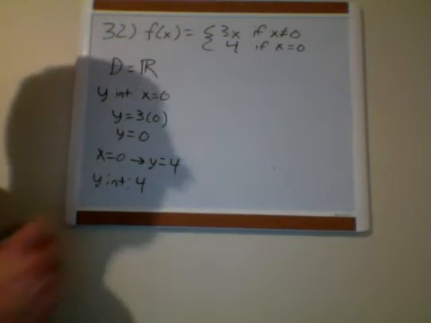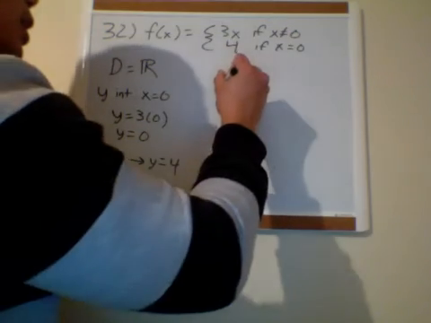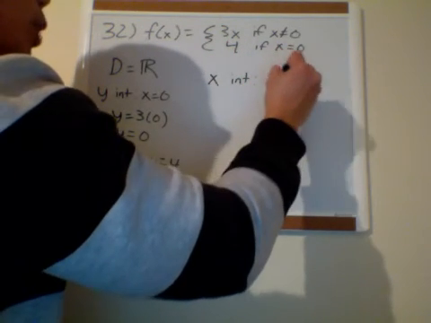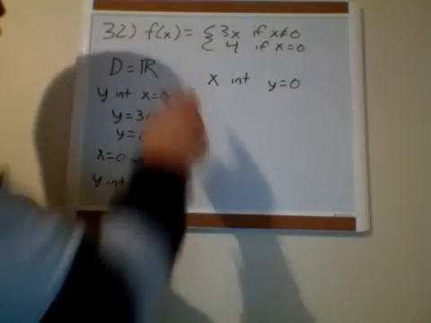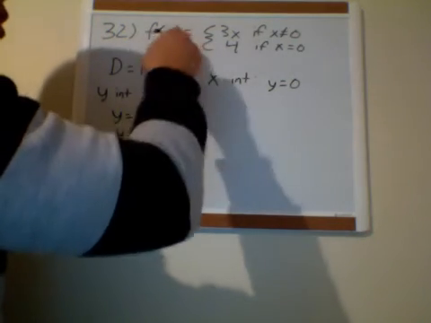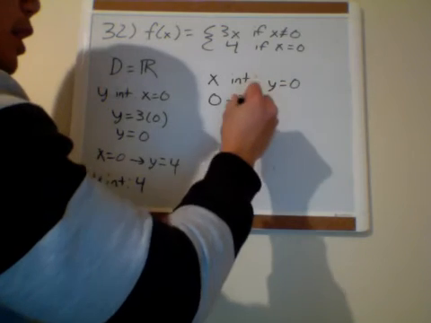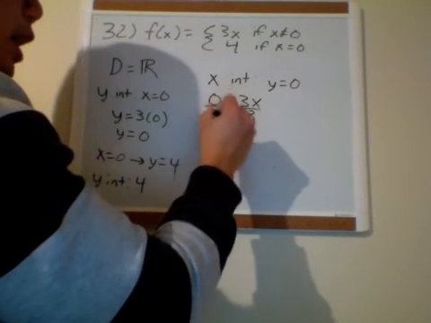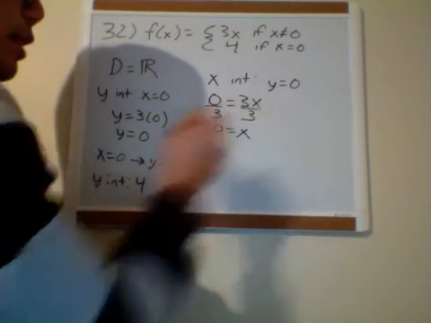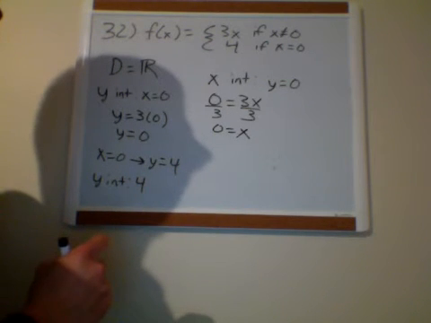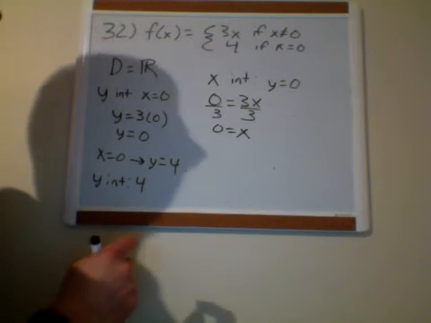Now to find my x-intercept, I'm going to set y is equal to 0. So in my first function, this will become 0 is equal to 3x, and so 0 is equal to x. Okay.